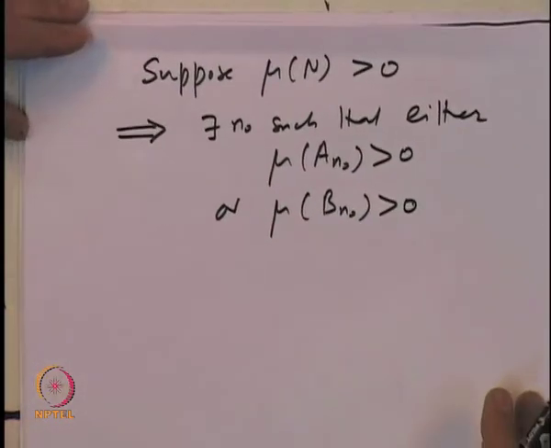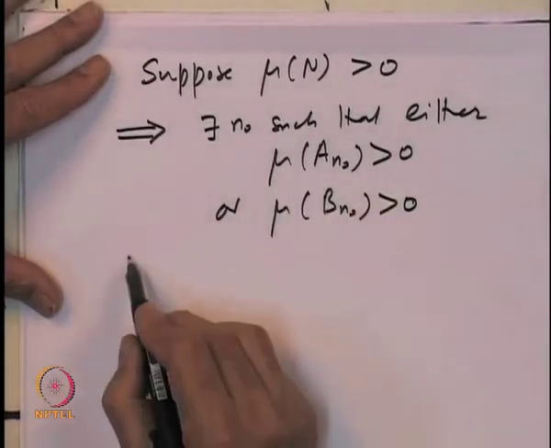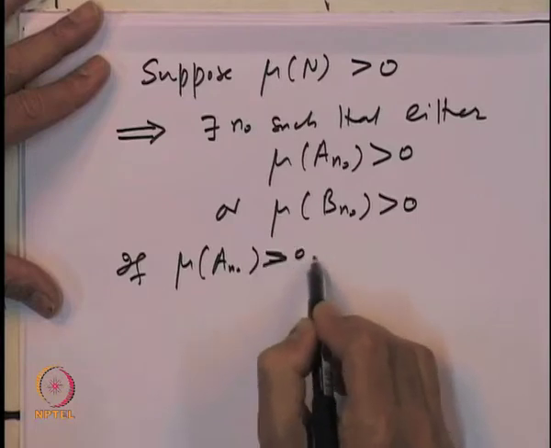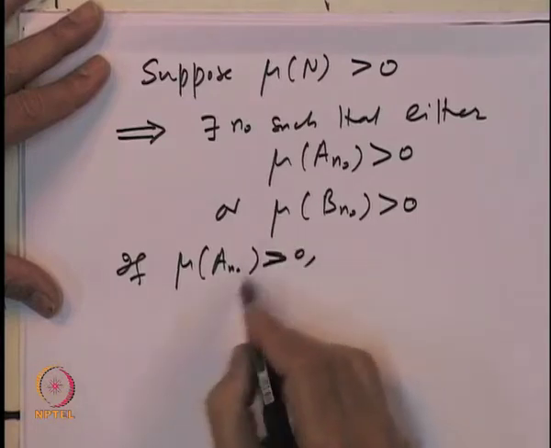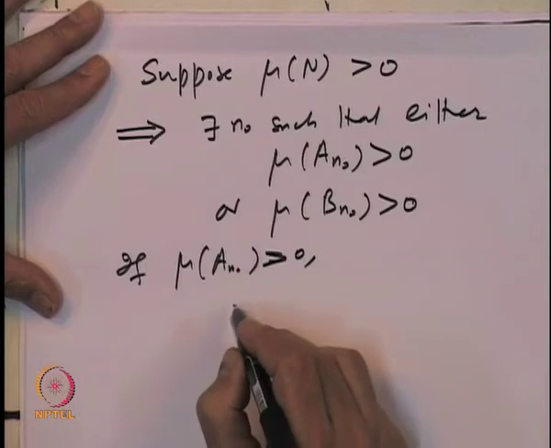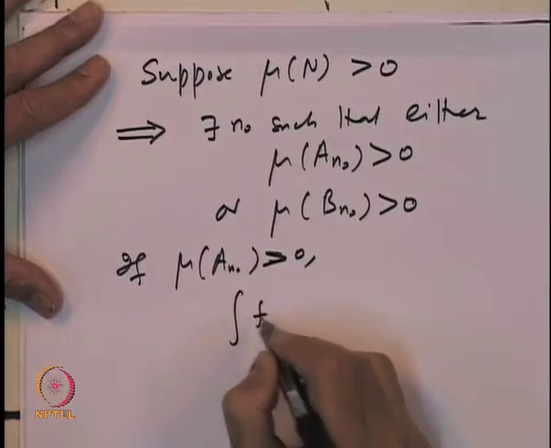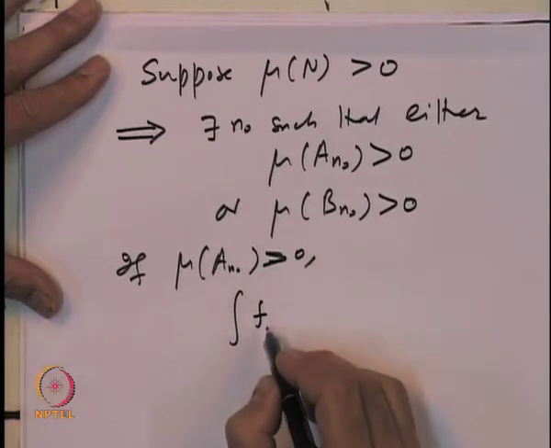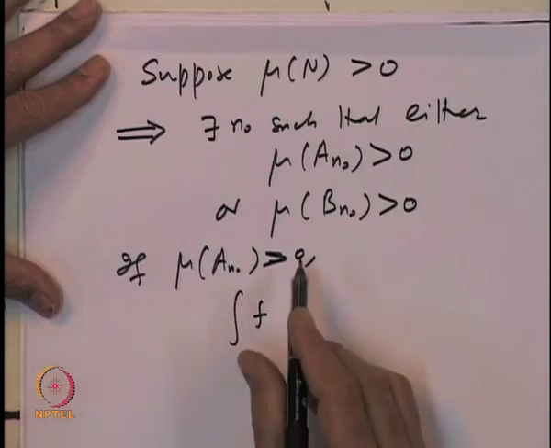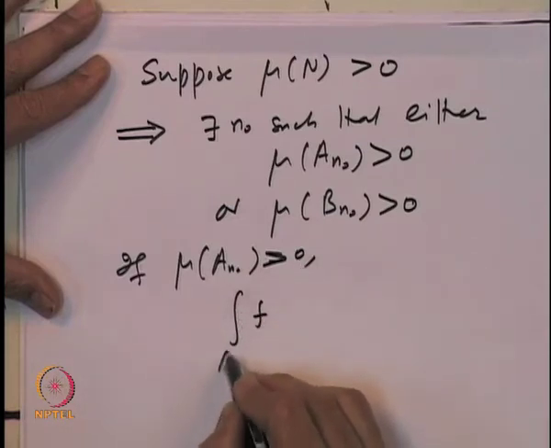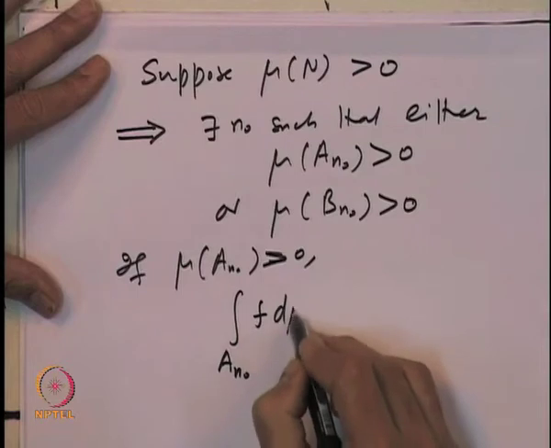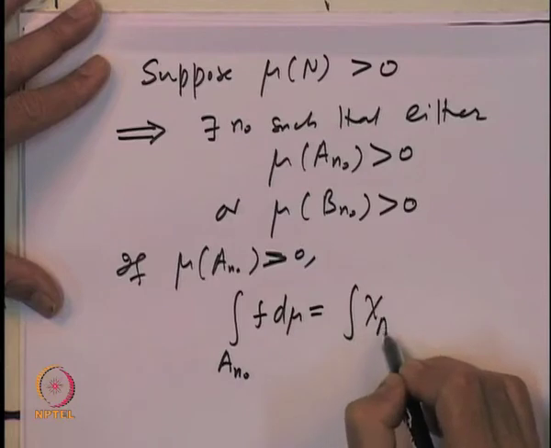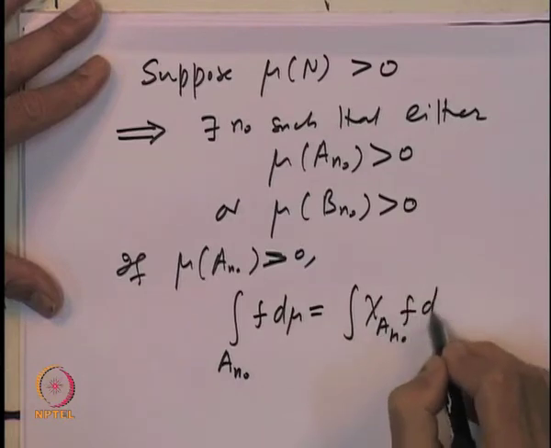So, let us look at these conditions. Suppose the first one holds, if mu of A_n0 is bigger than 0, then look at the integral of f over the set A_n0. That is the same as the integral of chi A_n0 times f d mu.